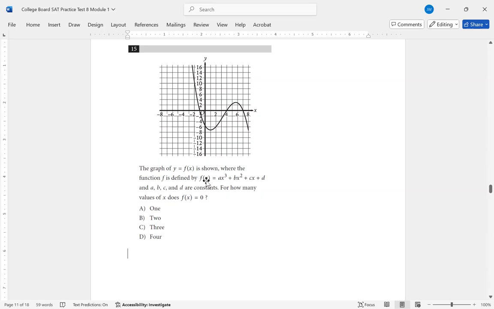So since it crosses the x-axis 3 times, then we're going to have 3 different x values where we plug them in and we get out a 0. Therefore, 3 times is the answer to question 15. So C is the answer to question 15.